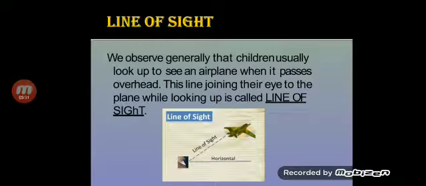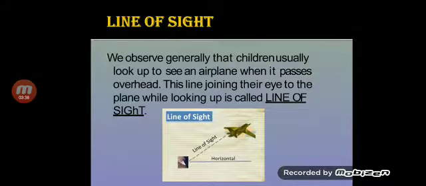Are you getting my point? If you look upward to see an aeroplane, the line joining the aeroplane and the eyes of the children is called line of sight. Clearly, if you observe the image, you can see what is meant by line of sight.